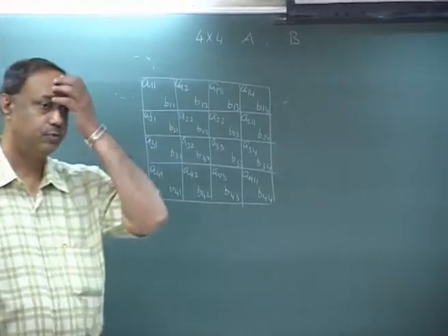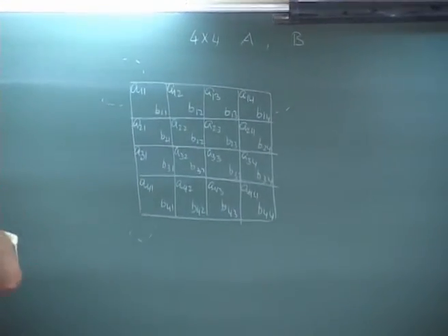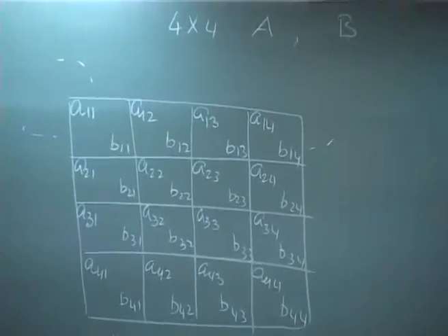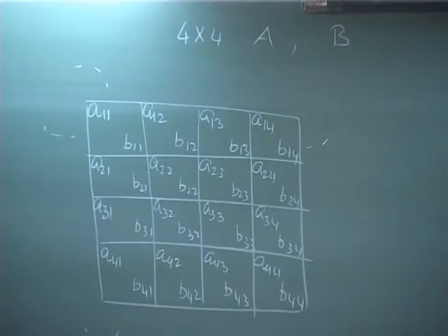You have these two matrices, and each processor contains two elements, one from A and one from B, right?